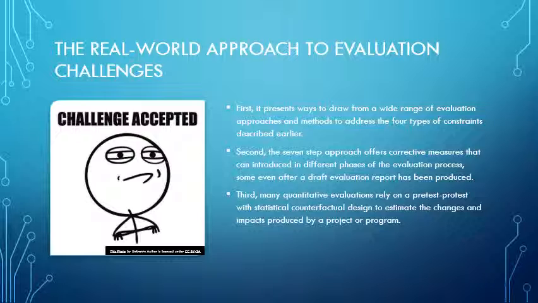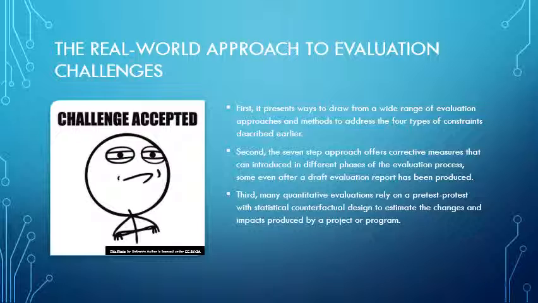First, it presents ways to draw from a wide range of evaluation approaches and methods to address the 4 types of constraints described earlier. And if you don't remember, those four constraints are budget, time, political influences, and I'm trying to remember the last one, but I'm pretty sure you know.